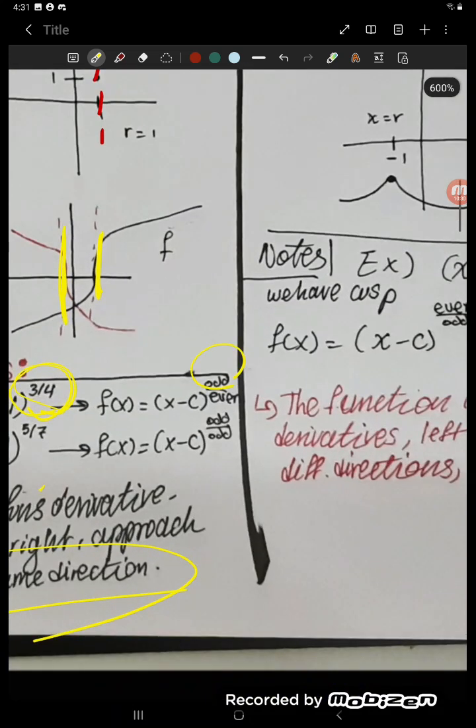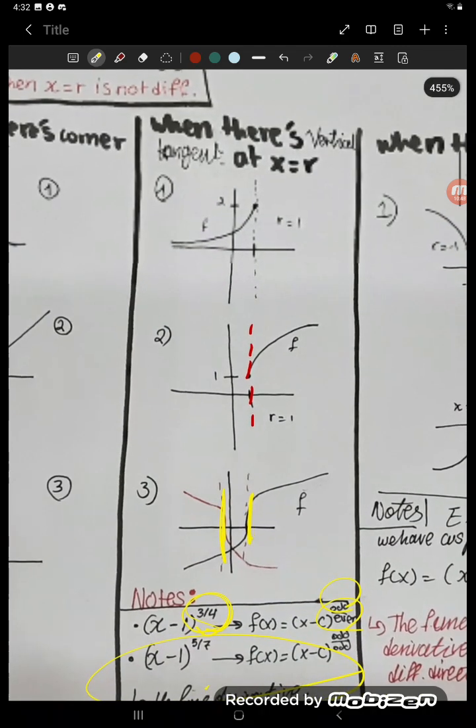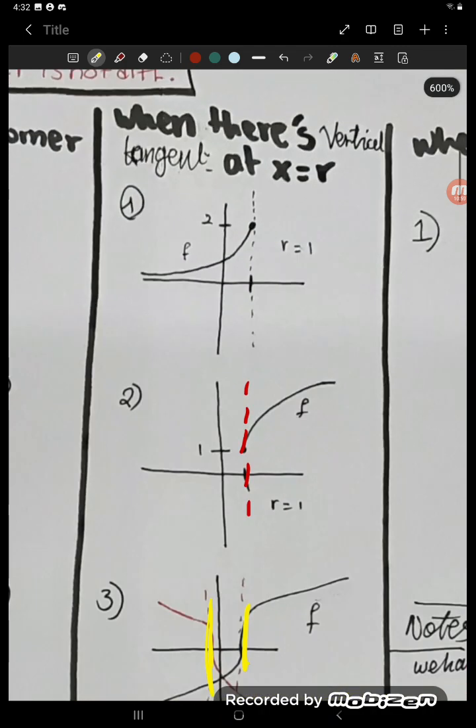If we have an odd number over an even number, there is going to be one side that's not going to be in the domain, but figure that out on your own. But for this one, particularly, which is an odd over an odd, they approach the same direction. Because look at this one, the right side does not exist, so I can't say the left and right approach the same direction.